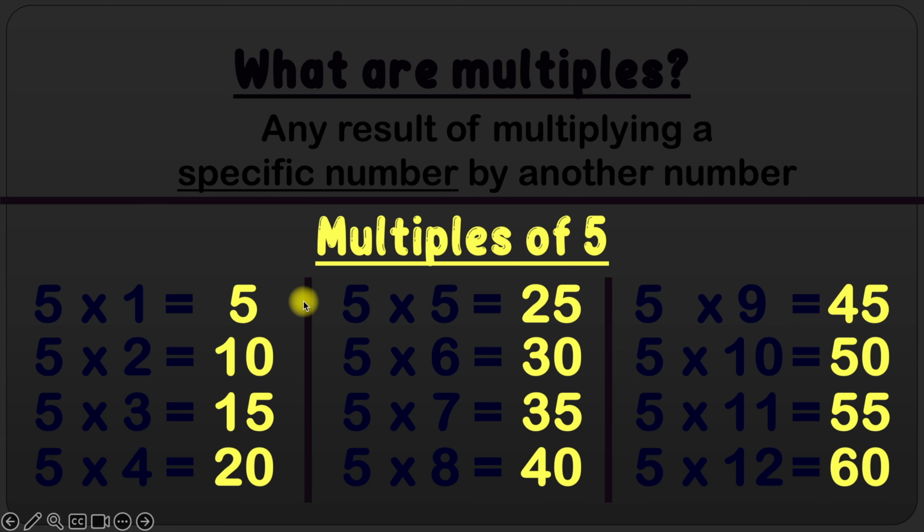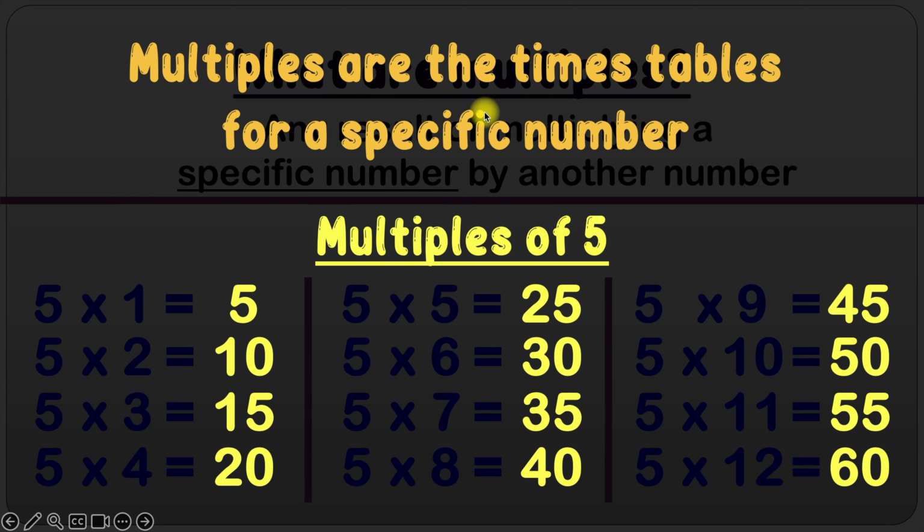And you'll notice that if you go in order, 5, 10, 15, 20, 25, 30, and so on, the multiples of a number are just the times tables of a specific number. So if we're asking for the multiples of 5, we're just saying we want the 5's times tables.